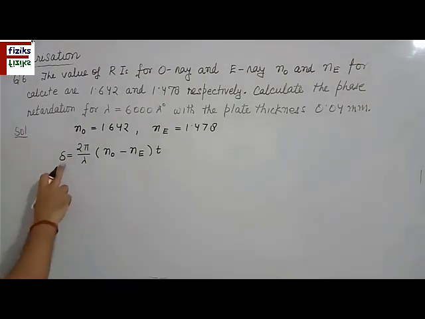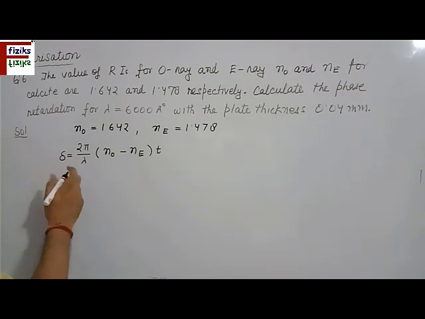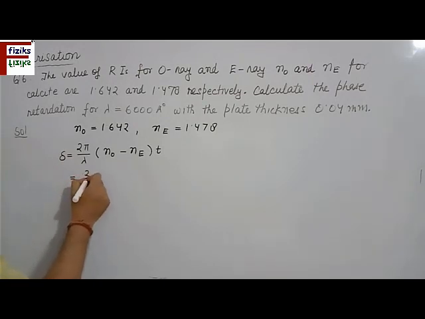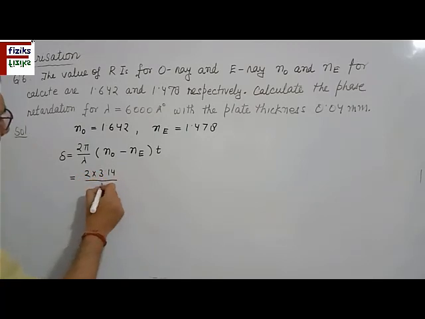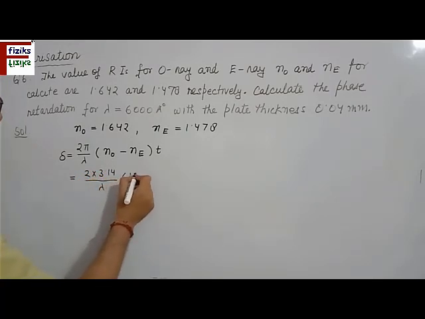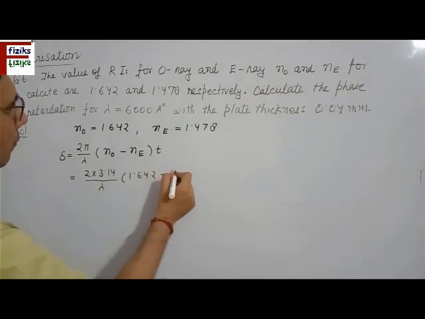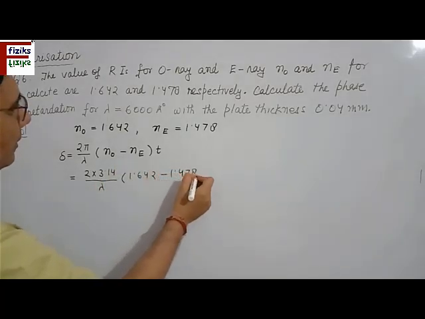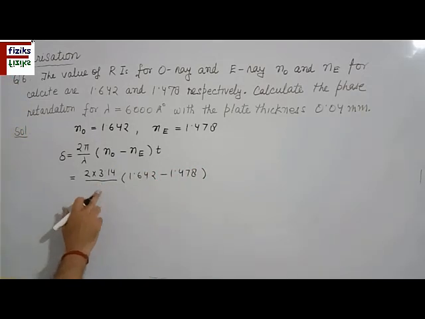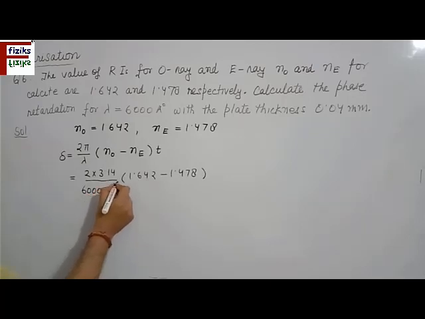So phase introduced by this plate will be delta, and this delta will be equal to 2 into 3.14 upon lambda, into N naught, 1.642, minus Ne, 1.478. Here this lambda is given equal to 6000 angstrom, so this is 6000 into 10 to the power minus 10 meter.